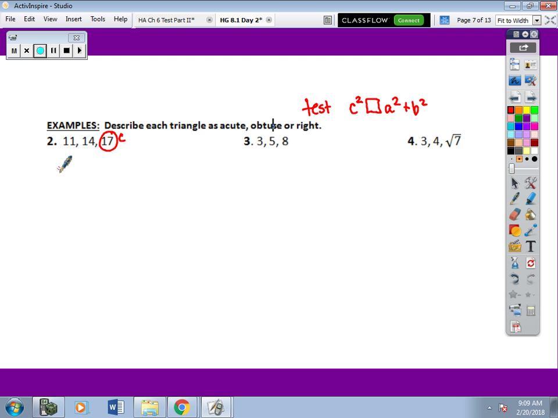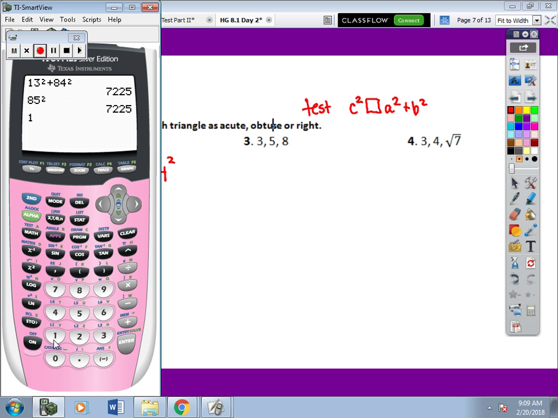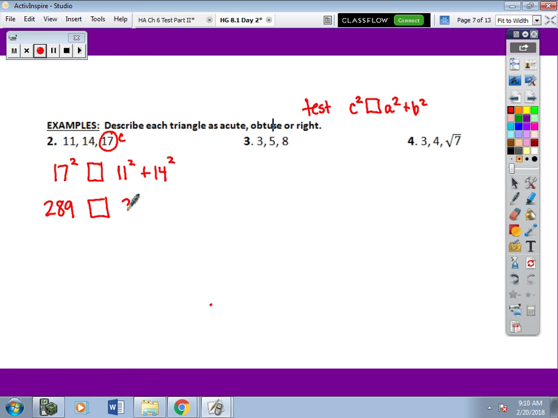So we would have 17 squared compared with 11 squared and 14 squared. 17 squared is 289. We can evaluate those in our calculator. 11 squared plus 14 squared gets me 317. So they're not equal, so it's not a right triangle.